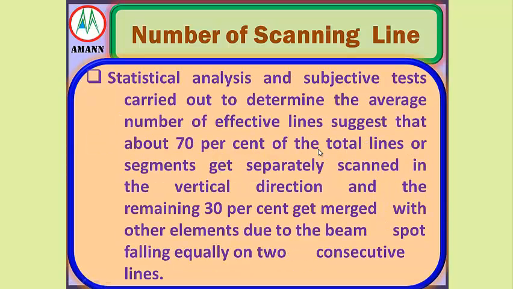Statistical analysis and subjective tests carried out to determine the average number of effective lines suggests that about 70% of the total lines or segments get separately scanned in the vertical direction, and the remaining 30% get merged with other elements due to the beam spot falling equally on the two consecutive lines.